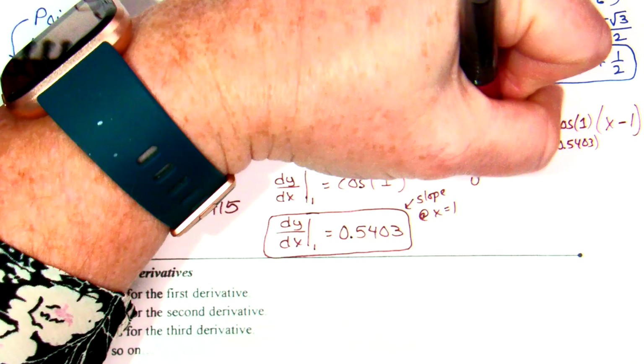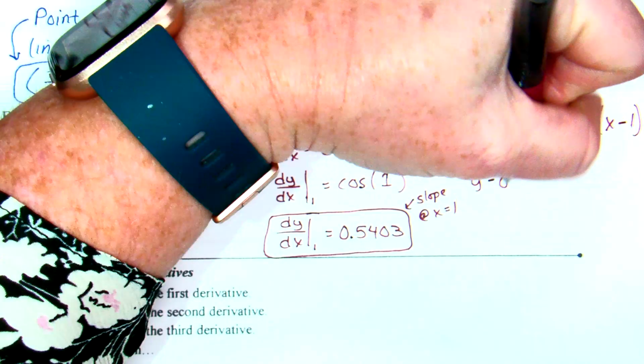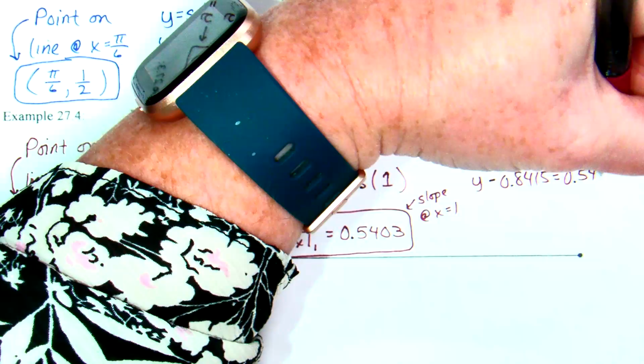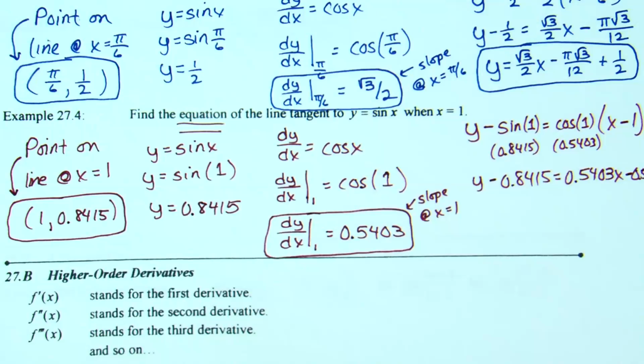It's y minus the 0.8415 or the sine 1 equals, oh, that's why I did it, I think. Because here, if you keep it as sines and cosines, then you can add them together that way. But if I change this to decimals, which I already did, 0.5403x minus 0.5403. And that went off the paper.